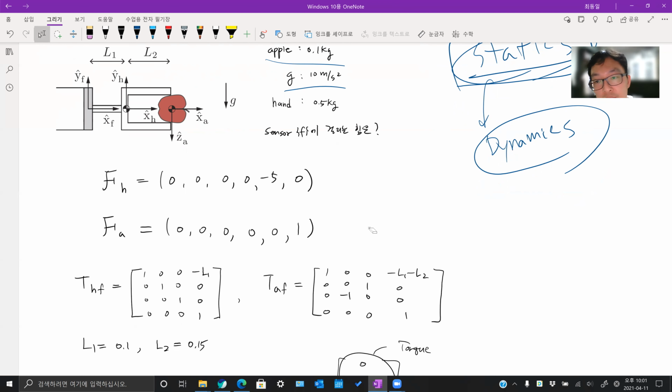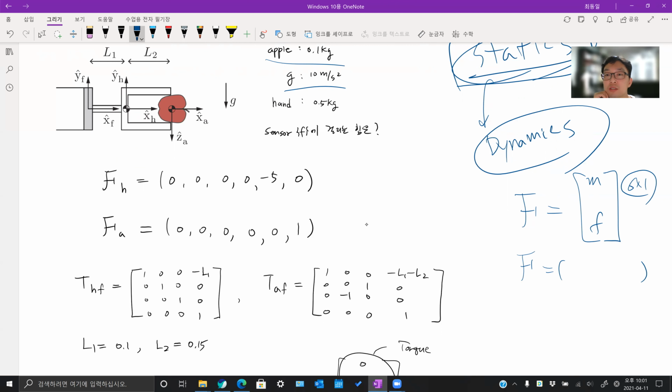Because the wrench is 6-dimensional, moment and force, we usually use this kind of 6x1 vector, or we can simply use the list type. When using the Python calculator, it is easier to use the list type.